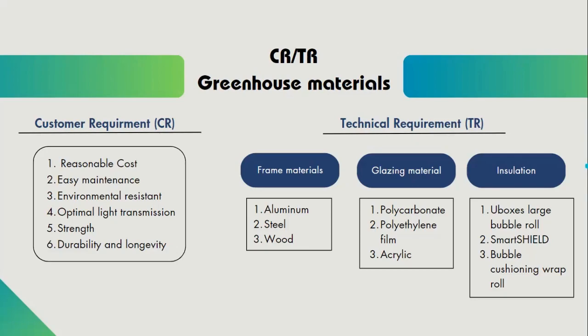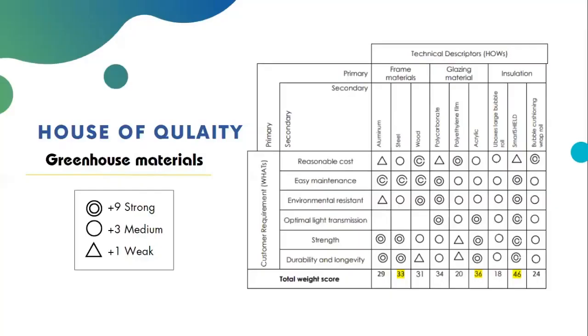So the last thing is we move to the house of quality. As you can see, the left side is about the customer requirement. We have reasonable cost, easy maintenance, environmental resistance, optimal light transmission, strength, and durability and longevity.